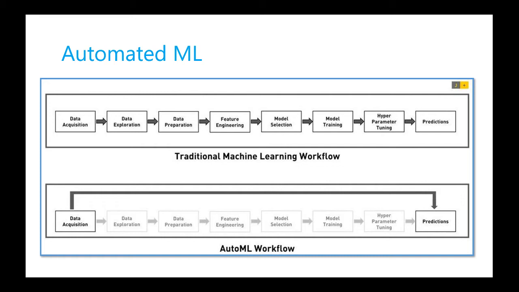At the top of the picture you can see the common pipeline for an ML task. You need to find data, prepare data, do feature engineering, and select a model that will perform the best for your data. You need to train the model, tune hyperparameters, and if you do something wrong during this pipeline, you will not get accurate results.